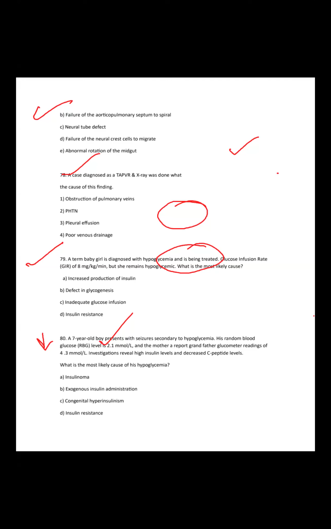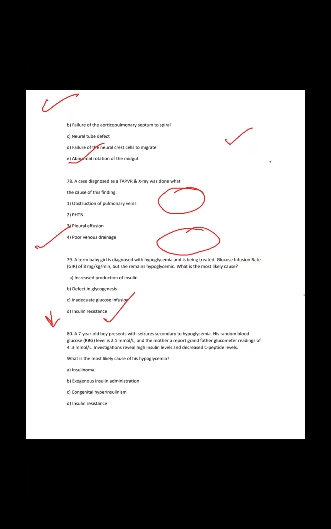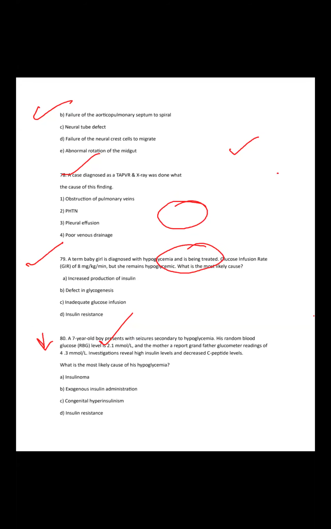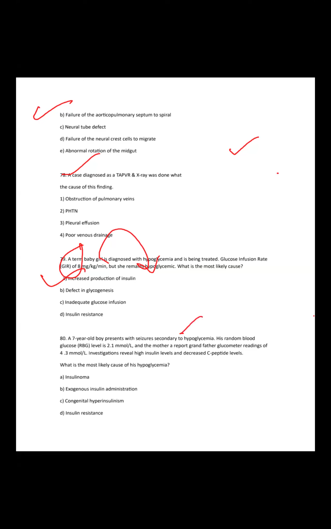Now, a term baby is diagnosed with hypoglycemia, glucose infusion rate 8. Still, she is hypoglycemic. What is the most likely cause? Increased production of insulin. That is why despite 8, it's not maintaining. A 7-year-old presented with a seizure secondary to hypoglycemia.